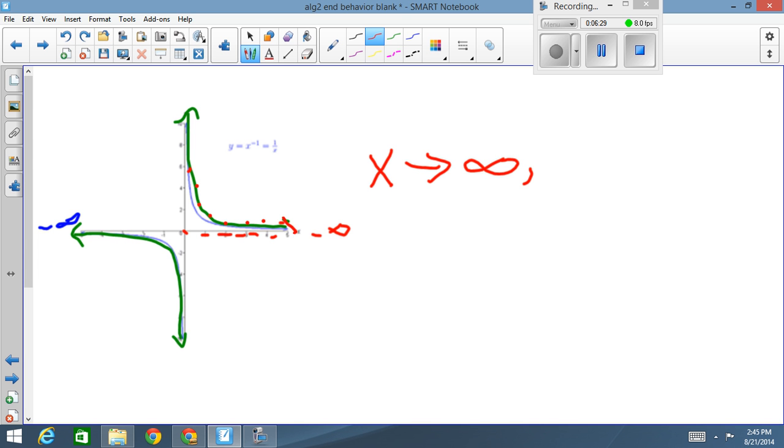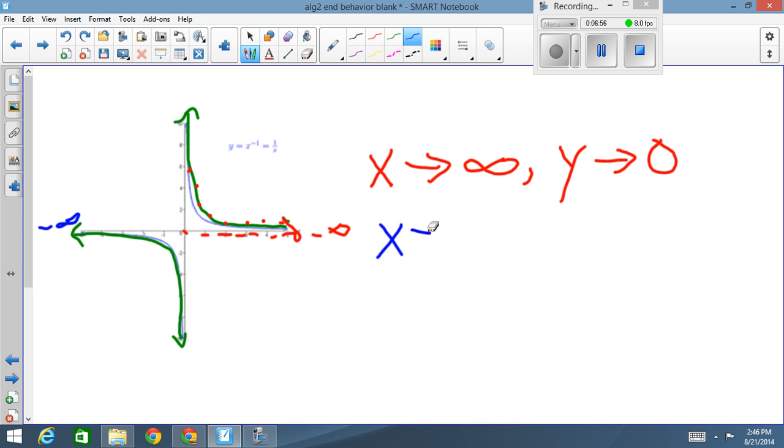My function is approaching a y value of 0. Okay, it's not going straight up into the sky. It's getting closer and closer to a y value of 0. This is a y value of 0 right here. That's what it's approaching.